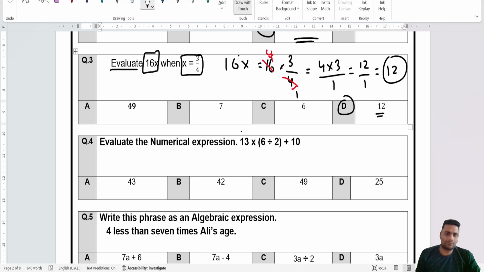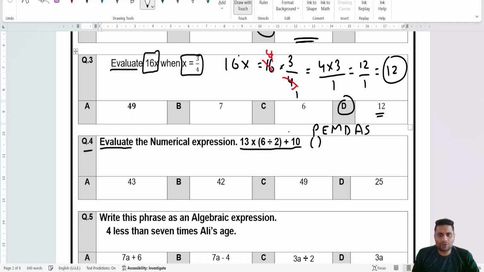Now, question number 4. Evaluate again. That means we have to find the value. We have to solve the expression 13 times 6 divide 2 plus 10. So here we are going to use PEMDAS. P means parenthesis.